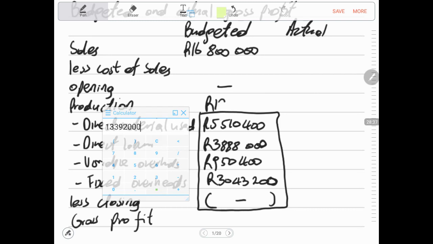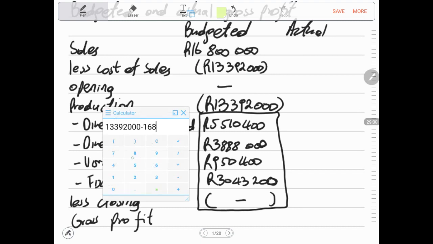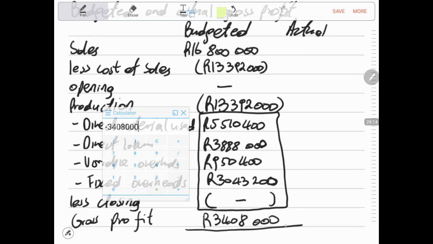Then that is 13,392,000. That is my production cost, and my production cost is equal to my cost of sales, which is 13,392,000. Minus 16,800,000 will give me the gross profit of 3,408,000. That is the gross profit budgeted.